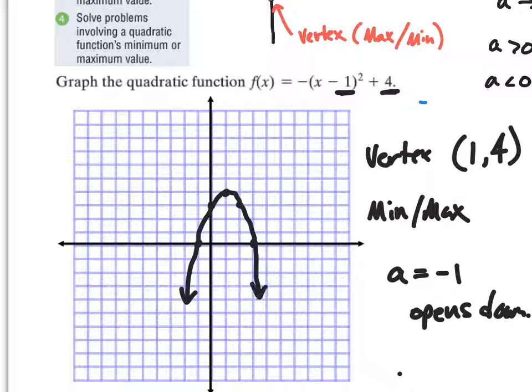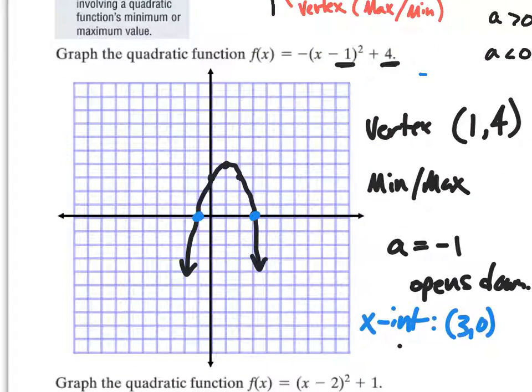Now, the other thing is that you guys can put this into your calculator and just graph and find those points. But what I want to make sure I know is that these are my x-intercepts. Okay, so my x-intercepts are the points 3, 0, and the points -1, 0.